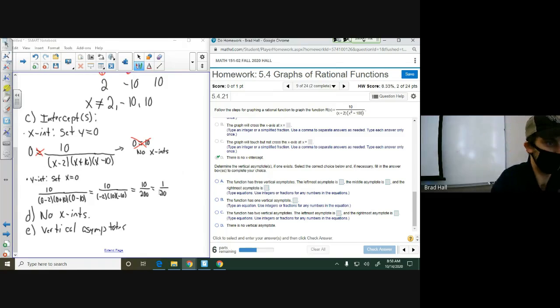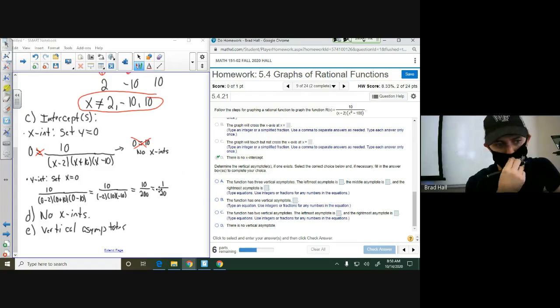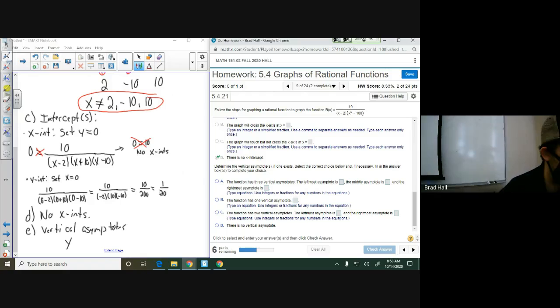So before we said that the domain was x cannot equal all those things, so the vertical asymptote, x will equal all those things.